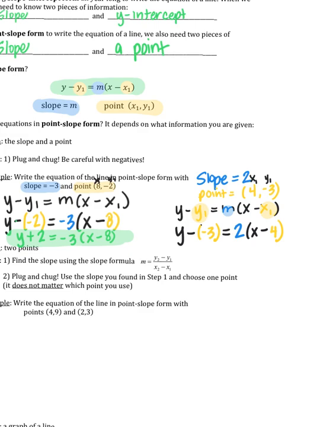Again, we have the same situation here, where when we have a negative times a negative, it becomes a positive. So we can rewrite or simplify this to y plus 3 equals 2 times x minus 4.